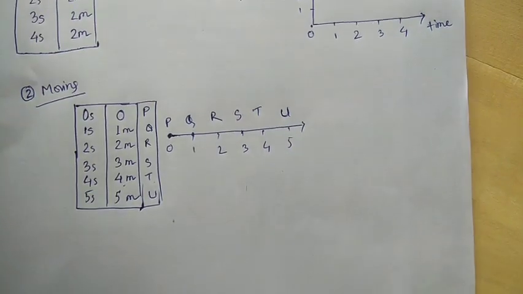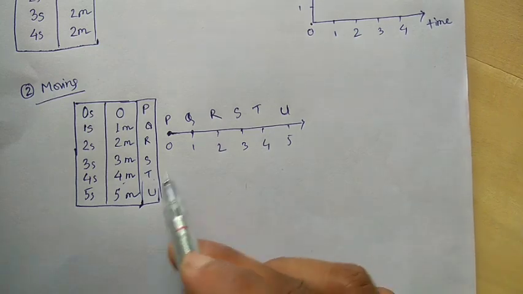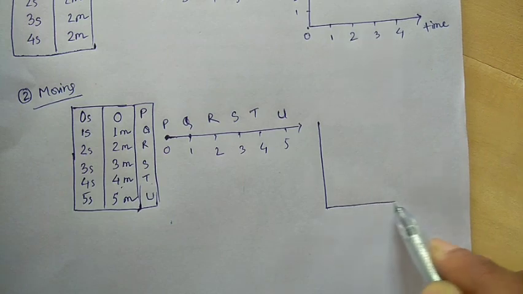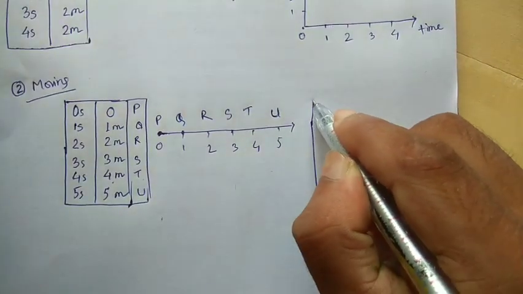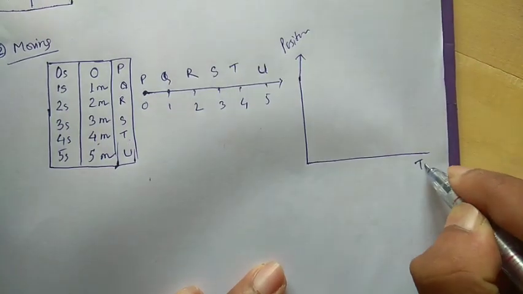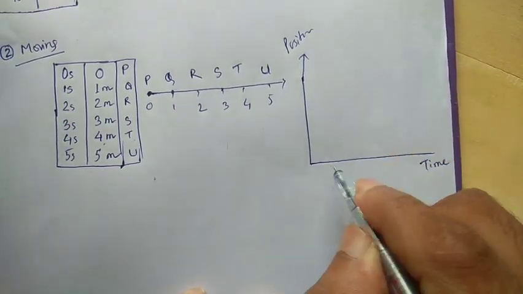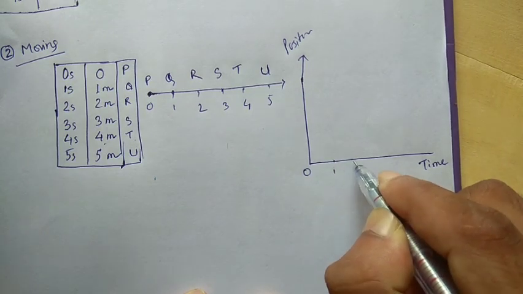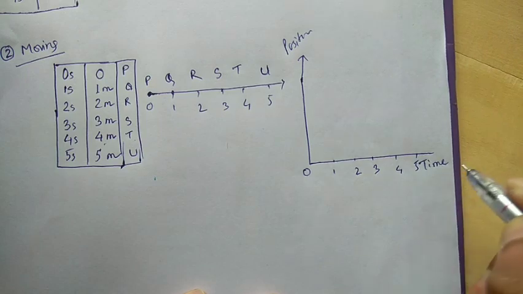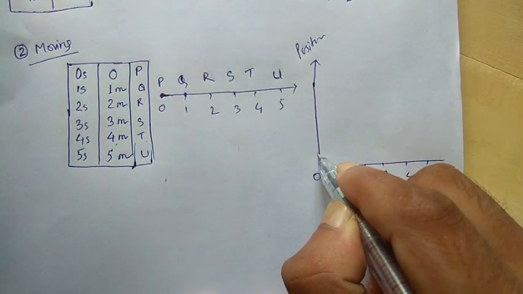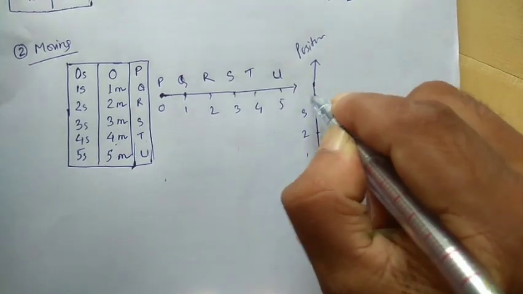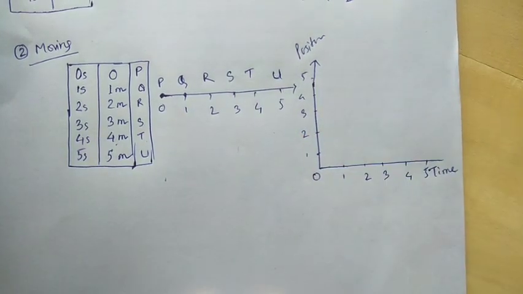So if we draw a graph according to this table, how will your graph be? Again suppose on this side we take position and on this side we take time. Time we take 0, 1, 2, 3, 4, 5, and position 1, 2, 3, 4, 5.